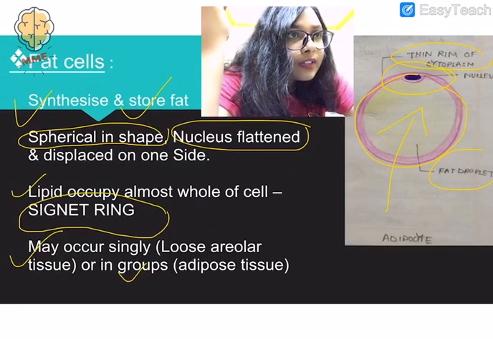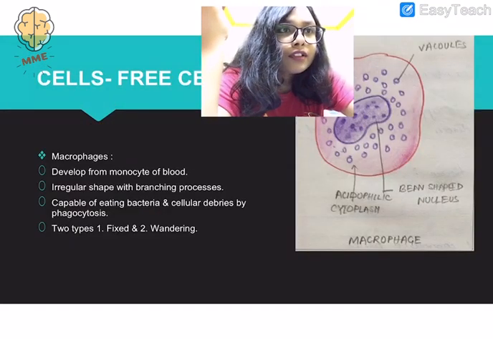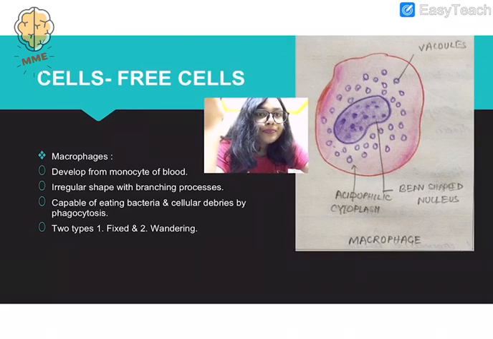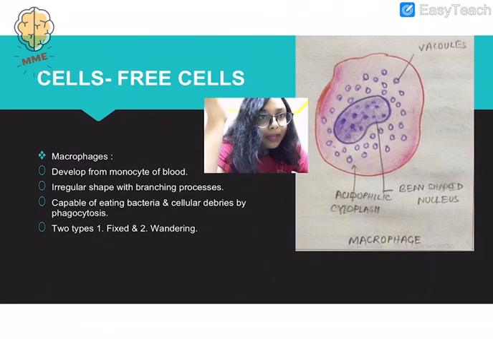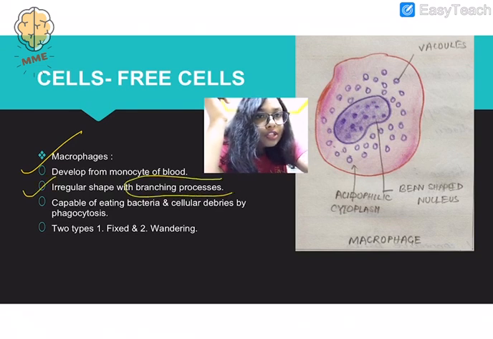Okay, now coming to the next slide. First, free cells. Free cells means the cells which move. First of all, we will study the macrophage. Where does it develop from? The monocyte of the blood. They are irregular in shape and have branching processes.